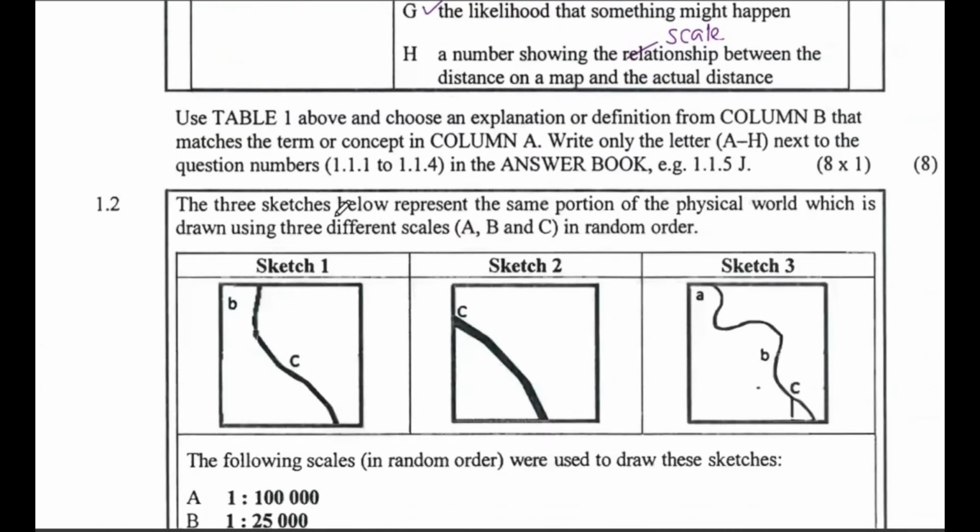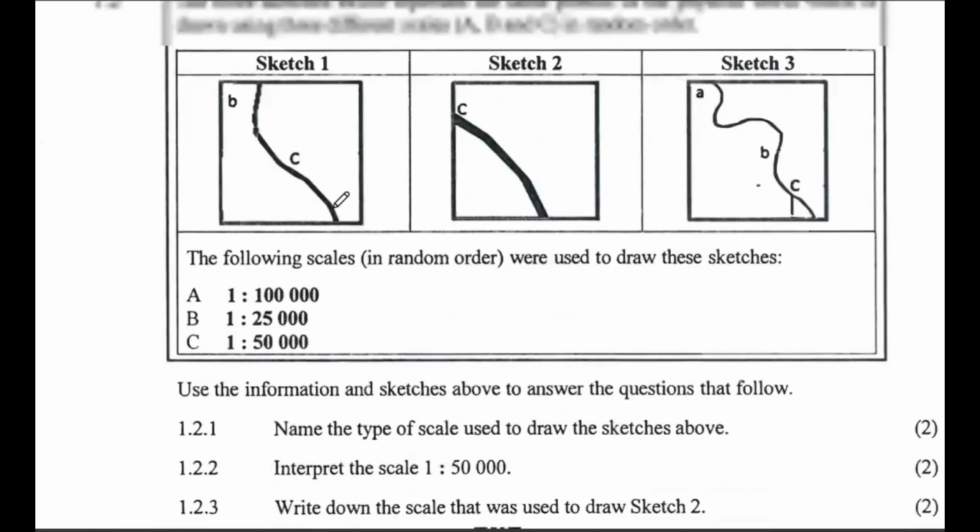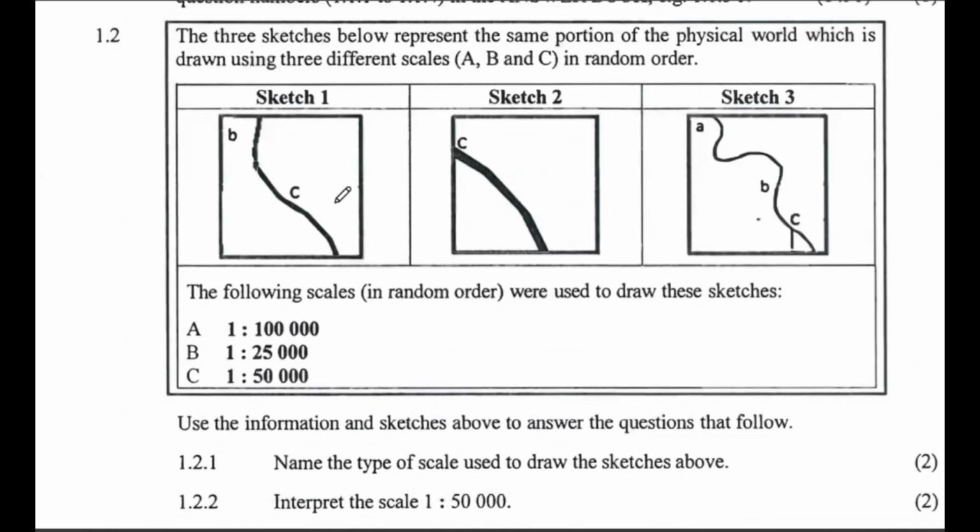We got question number 1.2. It says, the three sketches below represent the same portion of the physical world, which is drawn using three different scales, A, B, and C, in a random manner.